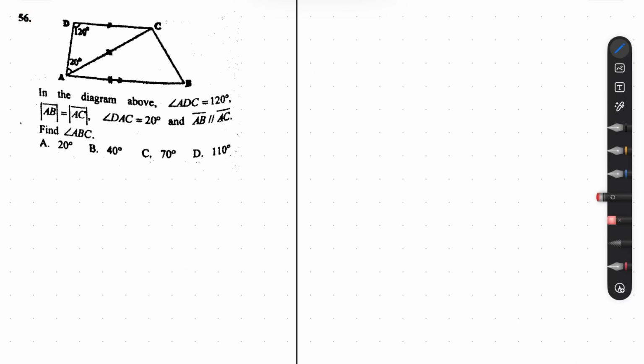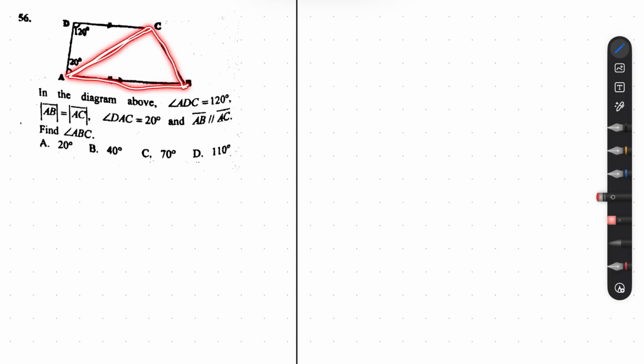The question says, in the diagram above, angle ADC is 120, this angle, and AB and AC are the same. The magnitude of AB and AC is the same. That means the length of AB and AC are the same. That means this triangle here is what? An isosceles triangle.